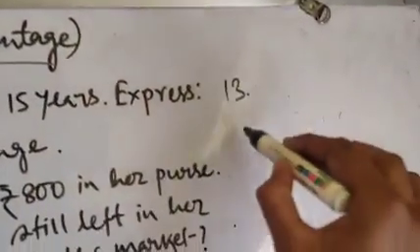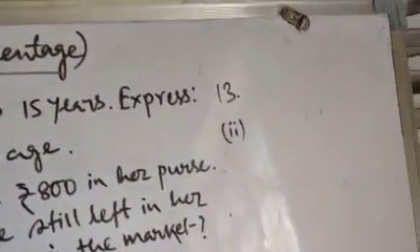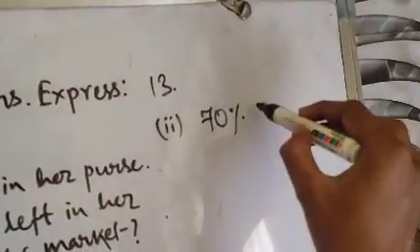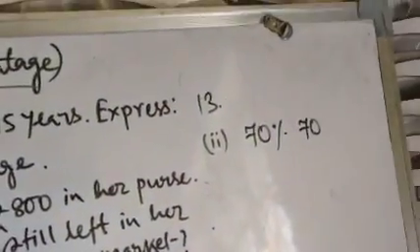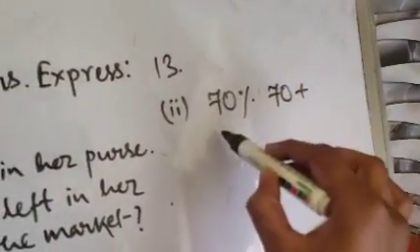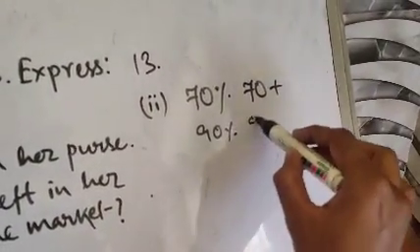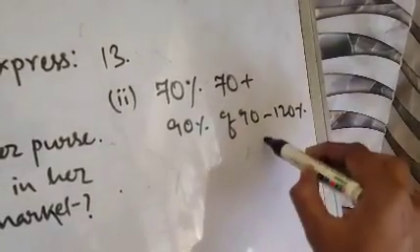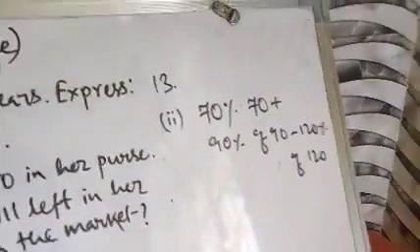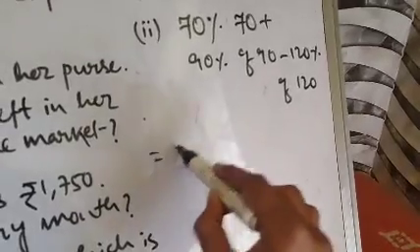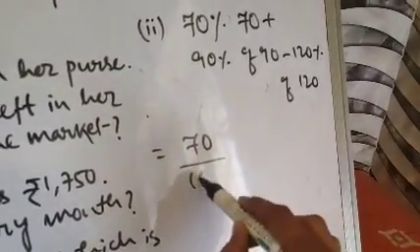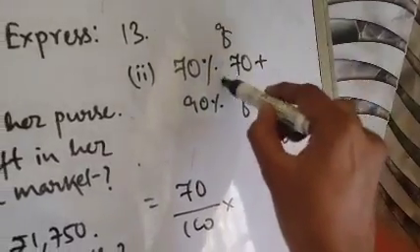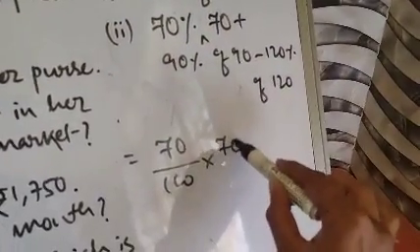Next, last question. Question number 3, part 2. It is actually a simplification type question: 70% of 70 plus 90% of 90 minus 120% of 120. So let's solve part by part. 70% means 70 by 100, of means multiply, 70.